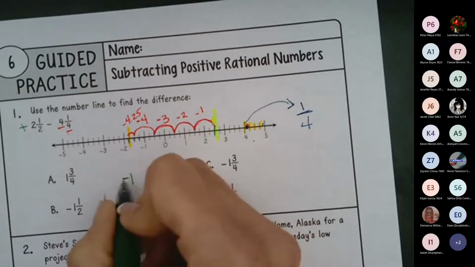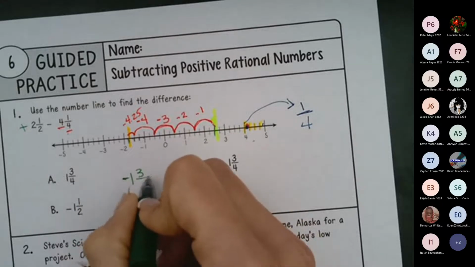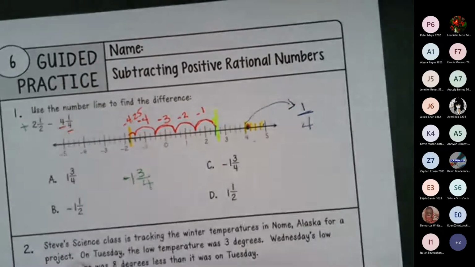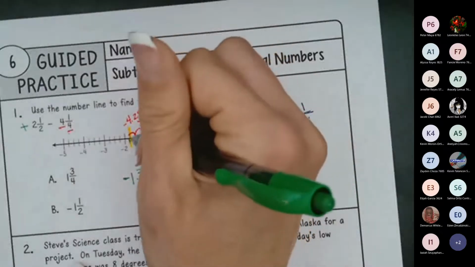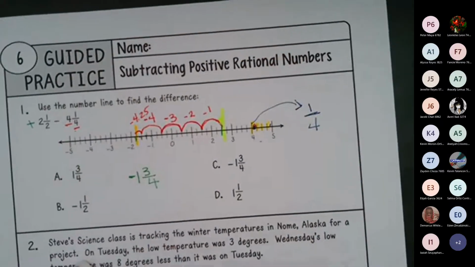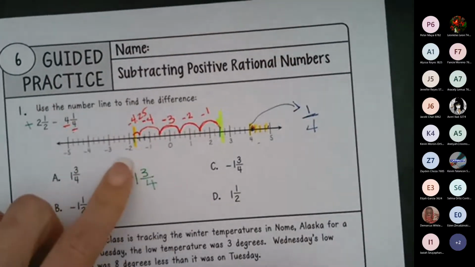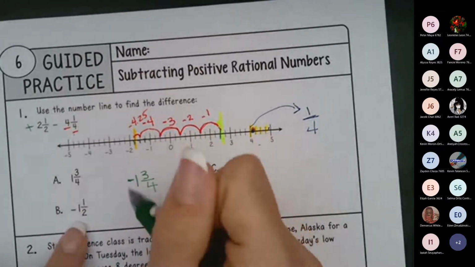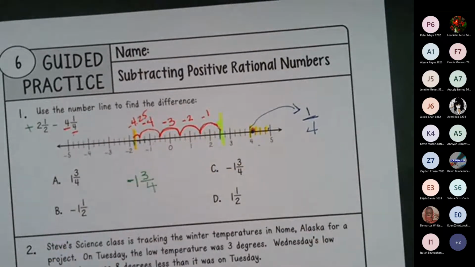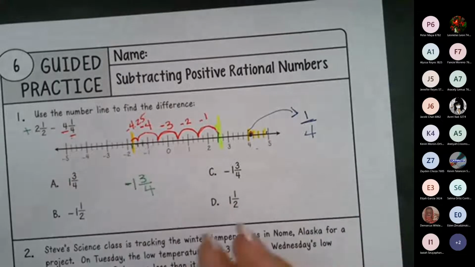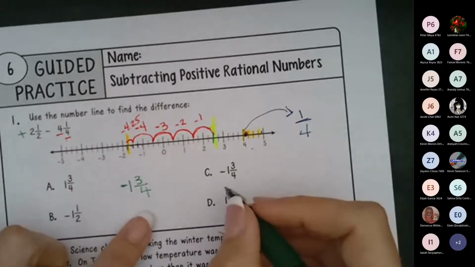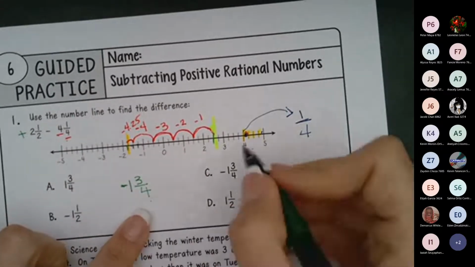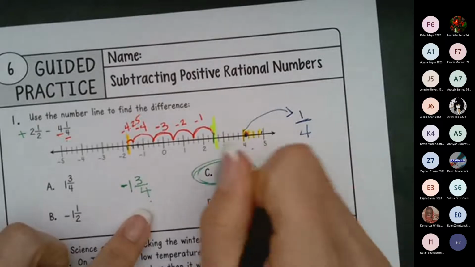So my answer is -1 3/4. Right, because this is increasing as I move left in value because I'm on the negative side. So it's easy to look at it and maybe think that if I move over 4 spaces, I'm at that half mark, but the answer should be -1 3/4 here at C.